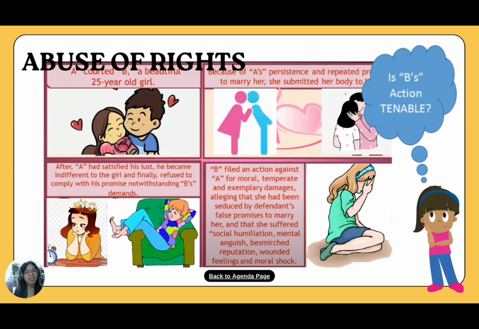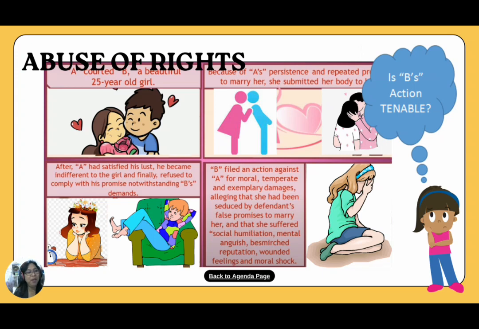Because of A's persistence, o masigasig talaga si A, naligawan si B na, sige, I'm promising to marry you, nag-promise siya na, sige, pakakasalan kita. Because of that, she submitted her body to A. Okay.